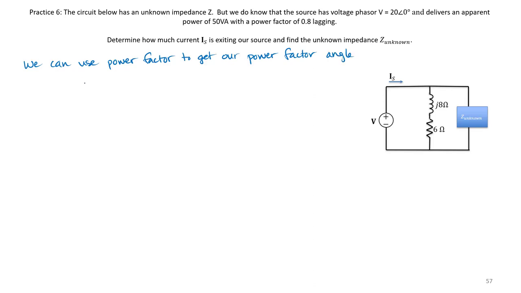Once we know our power factor angle, we already know our apparent power. So we know our complex power S will be the apparent power angle theta, where theta is our power factor angle.